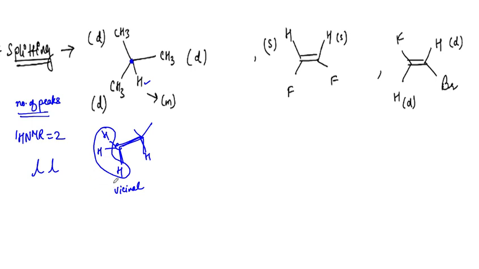So we are going to get 1 peak for these 3 protons, and they are going to be split into a doublet because of the adjacent single proton, which is magnetically different. So we are getting a doublet for this methyl. The same is going to happen for this and this, right? All of them are going to show us a doublet.